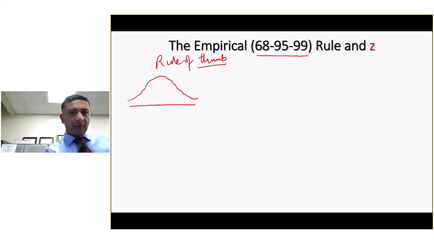The basic assumption that the rule is making is that the data set that you're working with follows a normal distribution.